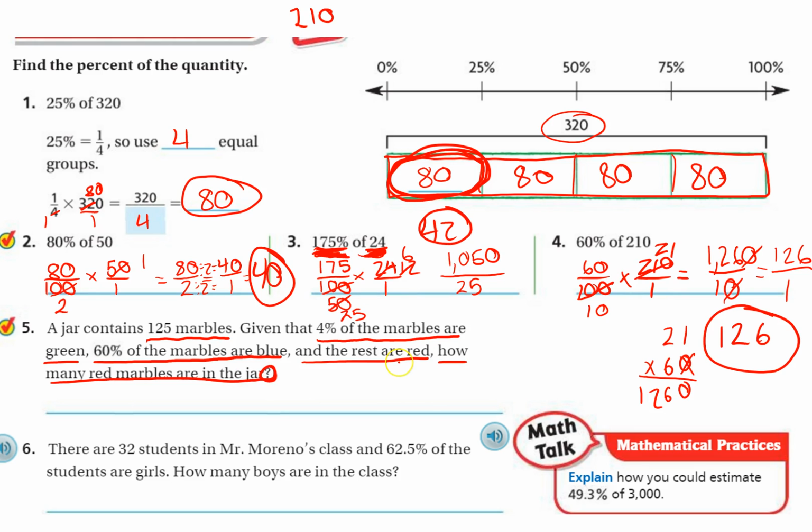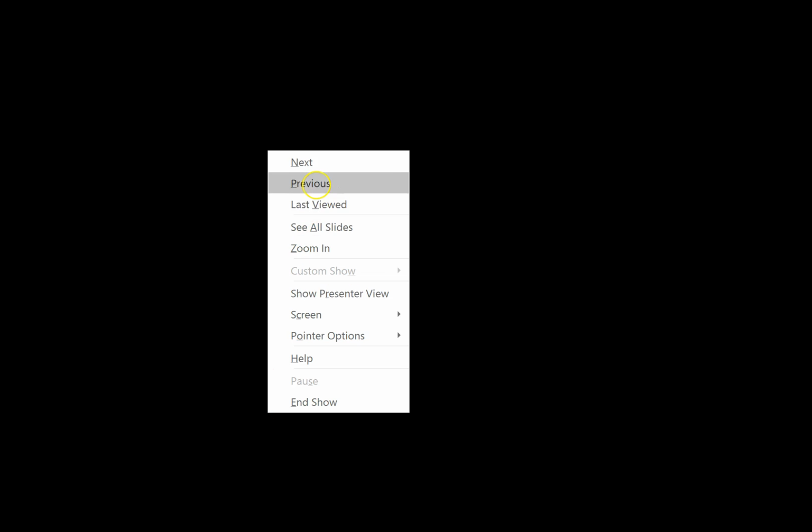Well, first we need to find out how many red marbles there are. Okay, what percent? So 4% are green, 60% are blue, so that's a total of 64% that are either blue or green.